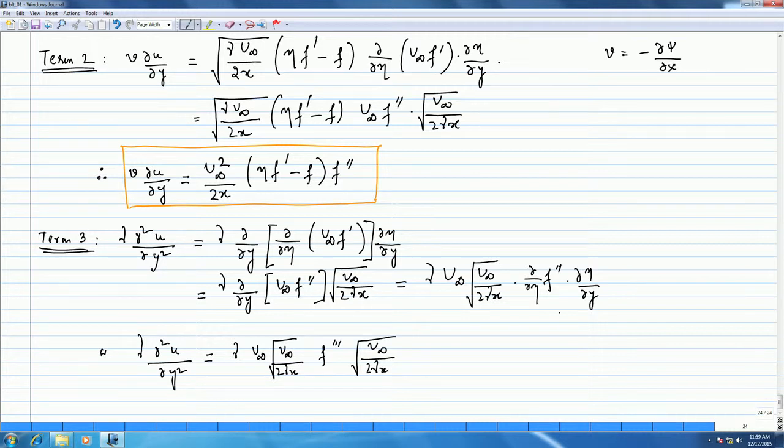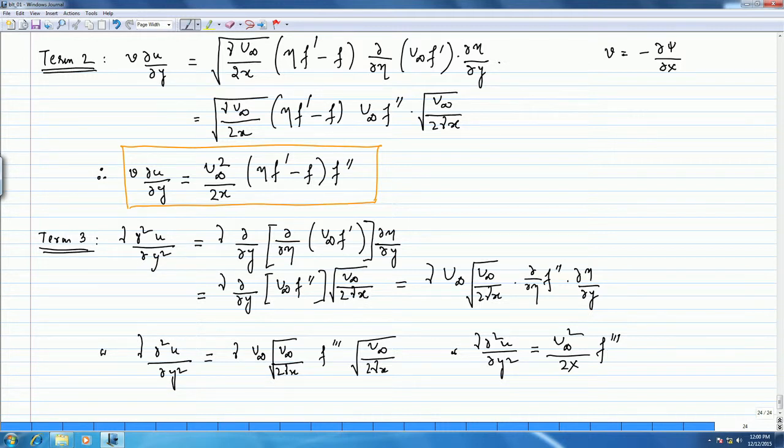Therefore this becomes kind of easy. Nu del 2u del y2 is equal to, u cancels out, so u infinity square by 2x, f the third derivative.